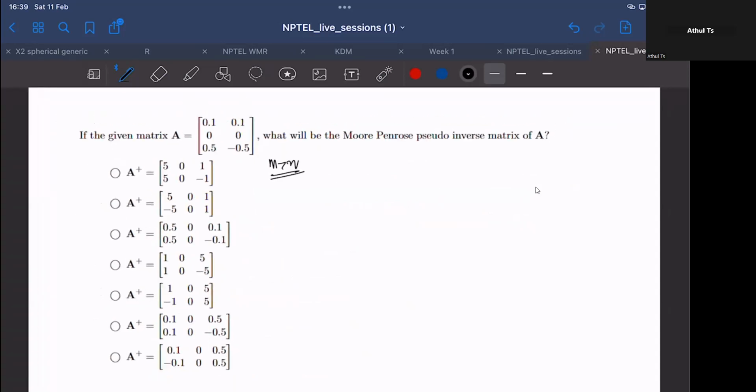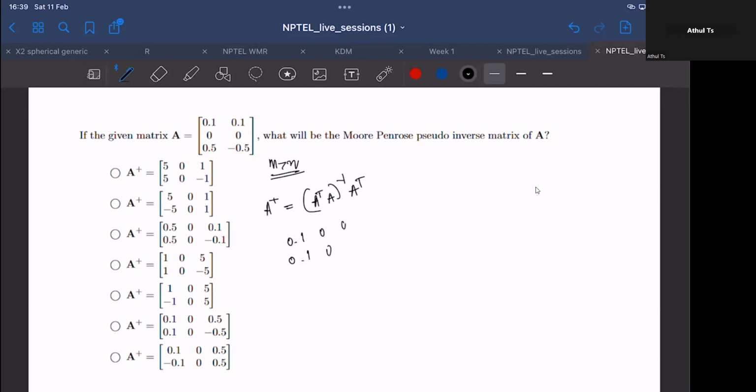Then what would be the Moore-Penrose pseudo inverse? As per the previous case, the Moore-Penrose pseudo inverse would be A transpose A, the whole inverse, A transpose.